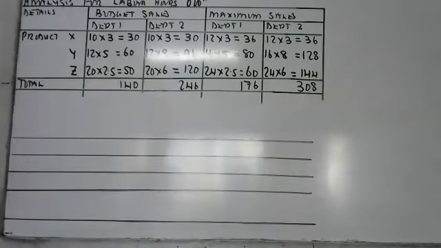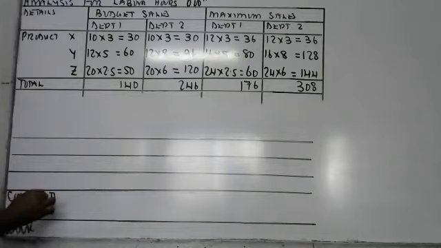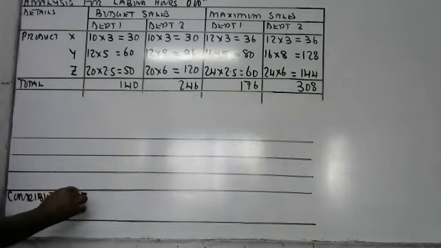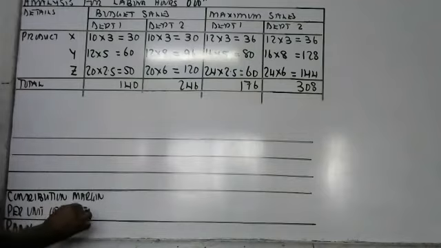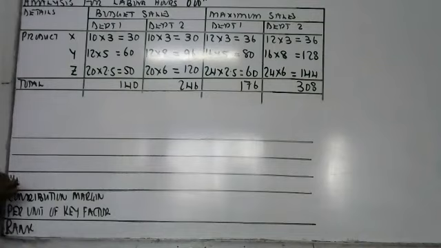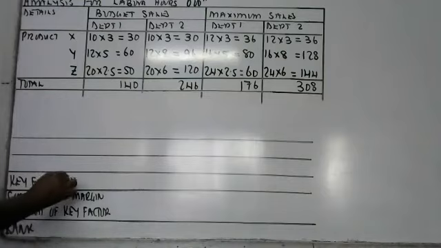Preparing from the reverse because I want to use the upper space. So hapa we have the rank, and here tumesema we have contribution margin per unit of key factor. Then we have key factor per unit here.